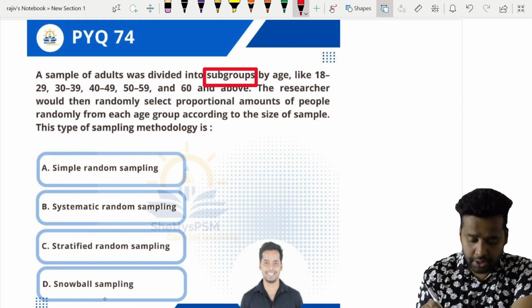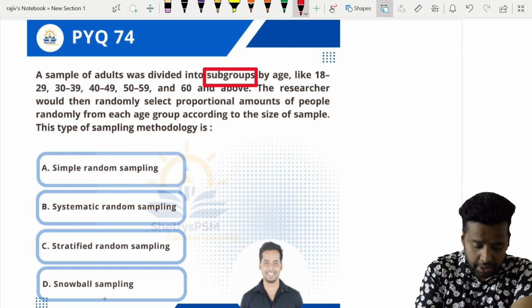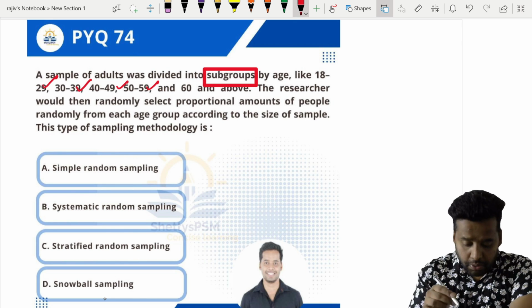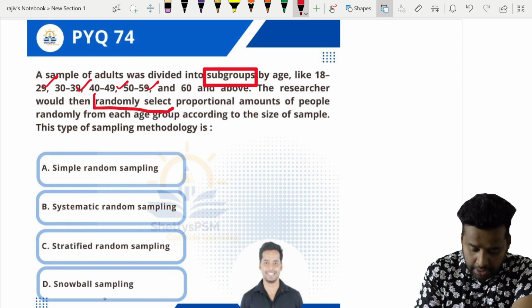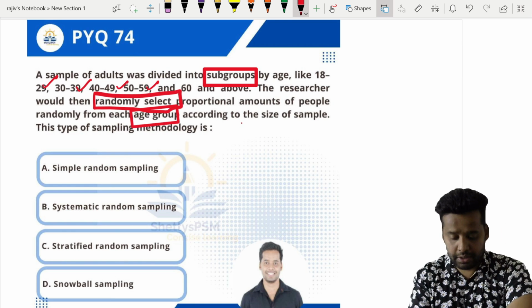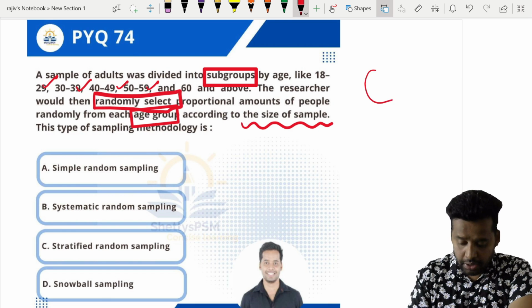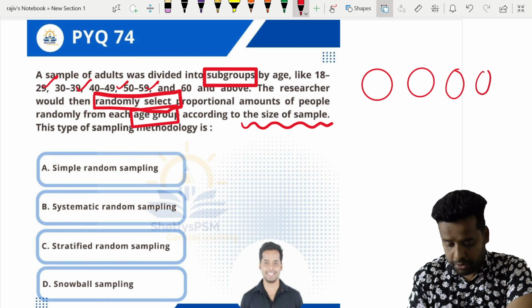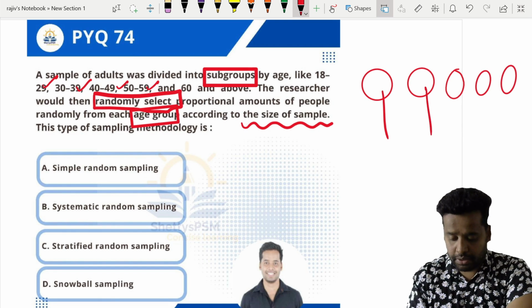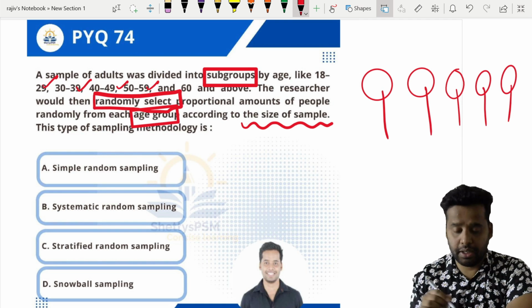Subgroups. See the question, see the keywords, subgroups, age wise. Fine. The researcher wants to select randomly later from each subgroup the individuals based on their size. So everything is clear cut. You are making different subgroups, strata, then based on their size you are selecting randomly.